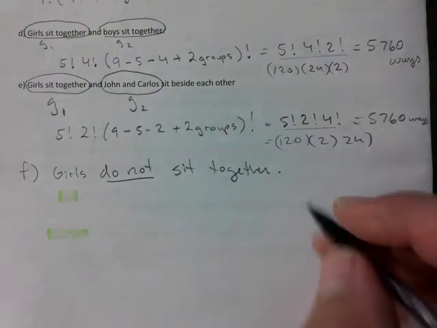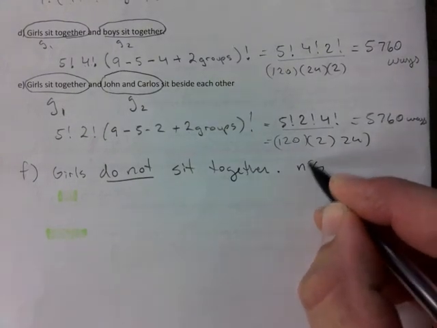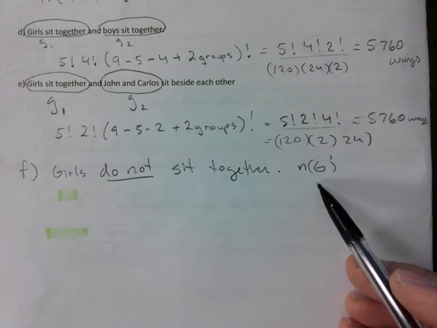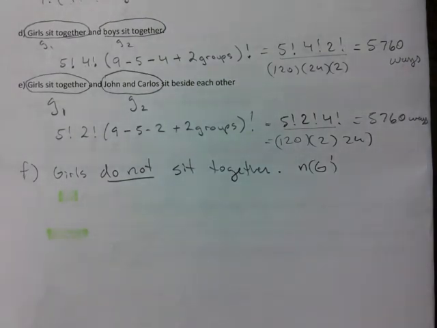Do you remember n of g naught from set theory? What would you do to get naught? You take the universal minus n of g. What is my universal in this case? If you had to go A, B, C, D, E, what's the universal in this case?